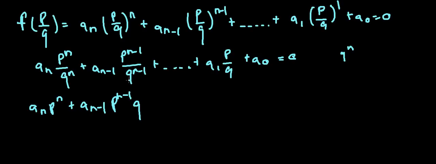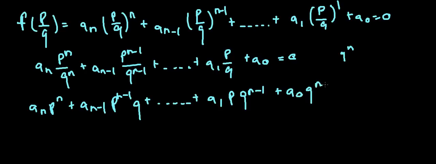This is q to the n, so it's going to be 1 power less than q to the n, plus ... plus a_1 p and then q to the n minus 1 plus a_0 q to the n, and this is equal to 0.